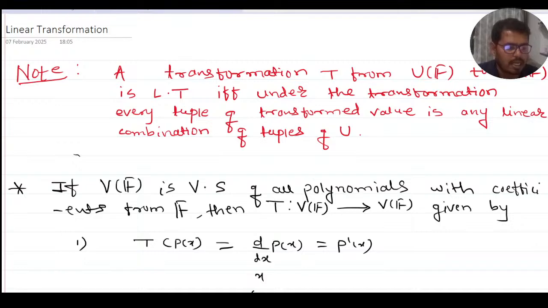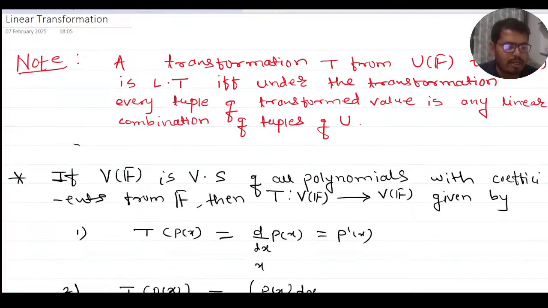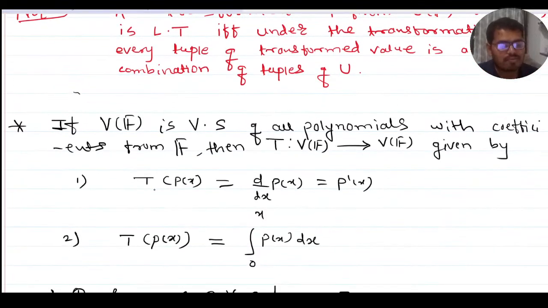Okay, and here some more important examples are going to be discussed. If V of F is a vector space of all polynomials with coefficients from the field F, and T from V to V is defined as T of p of x equal to the derivative of p of x, that is p dash of x.